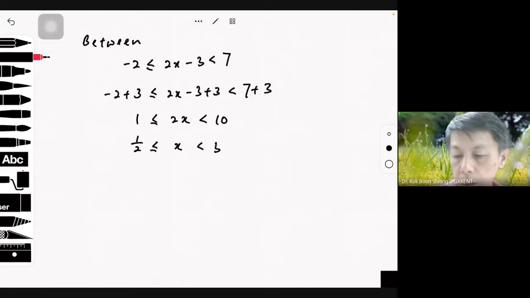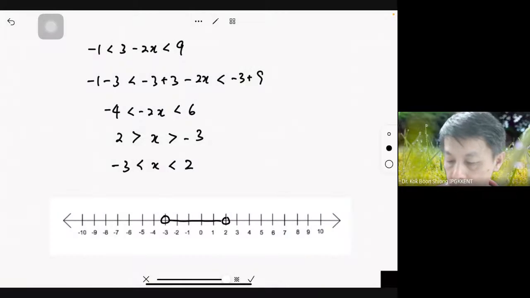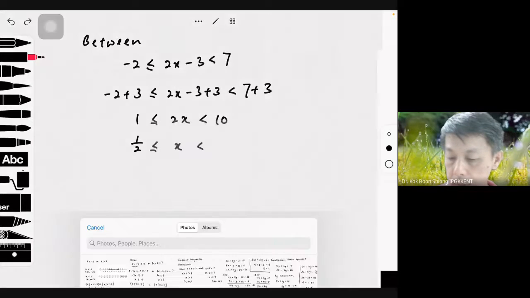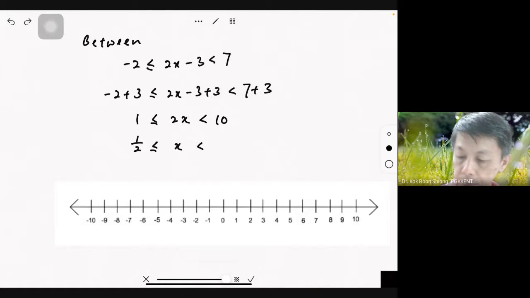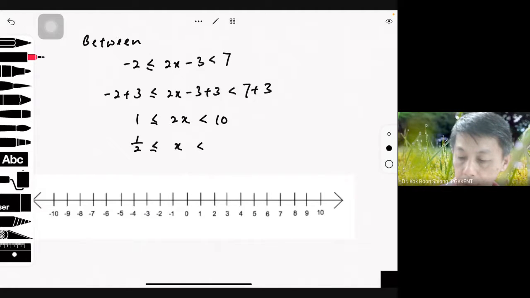Okay, so we plot this on the number line. So 0.5 is somewhere here.